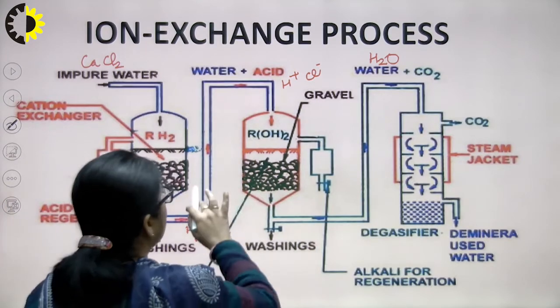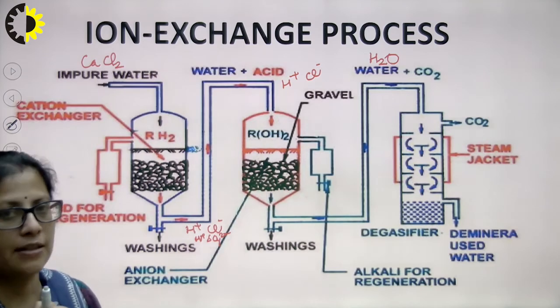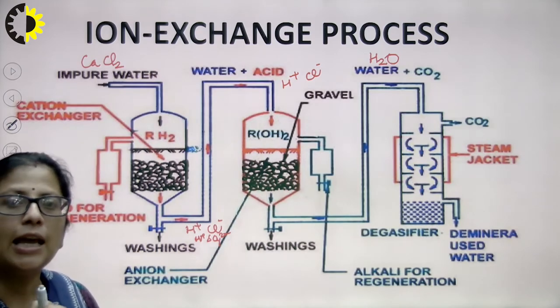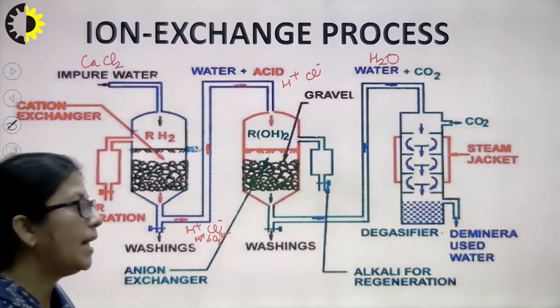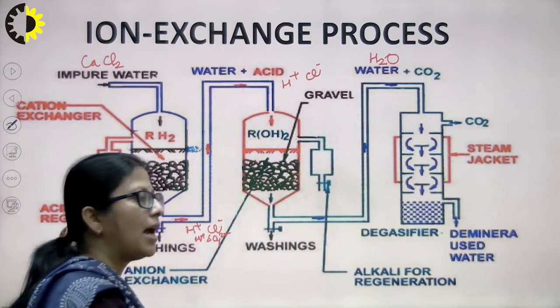Now these dilute acids, when they pass through anion exchangers, do not affect the anion exchanger bed much. The anion exchanger bed is not affected by these dilute acids.